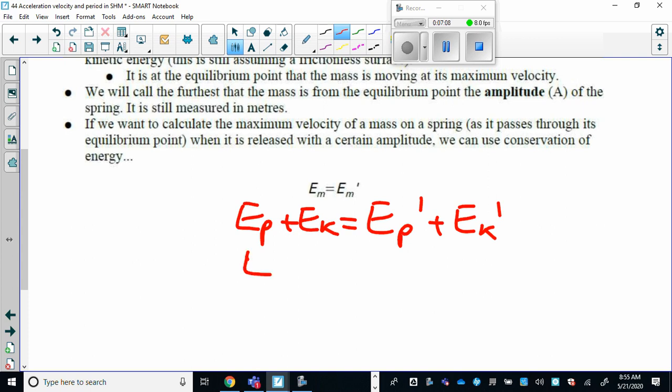So therefore, that one's going to be 0. And then the mechanical energy afterwards, in other words, what's the mechanical energy when it's at its equilibrium point? At that point, for an instant in time, it has no elastic potential energy and is all kinetic energy.